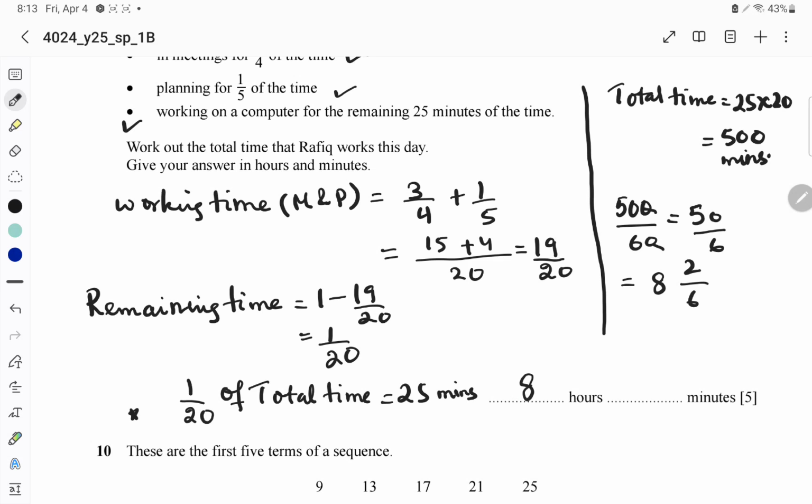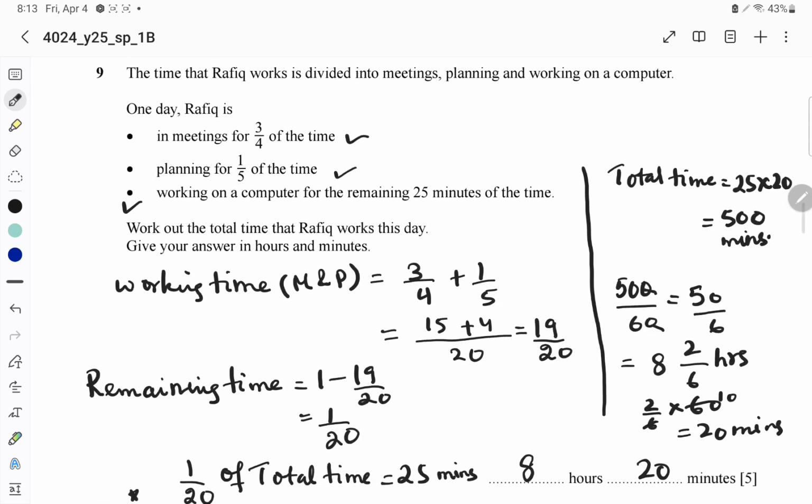So 8 hours is there. So 2 over 6, which means 1 over 3, hours into minutes, that will become 6 times 10. So that will become 20 minutes here. Whenever we have to convert minutes into hours, then we divide by 60.